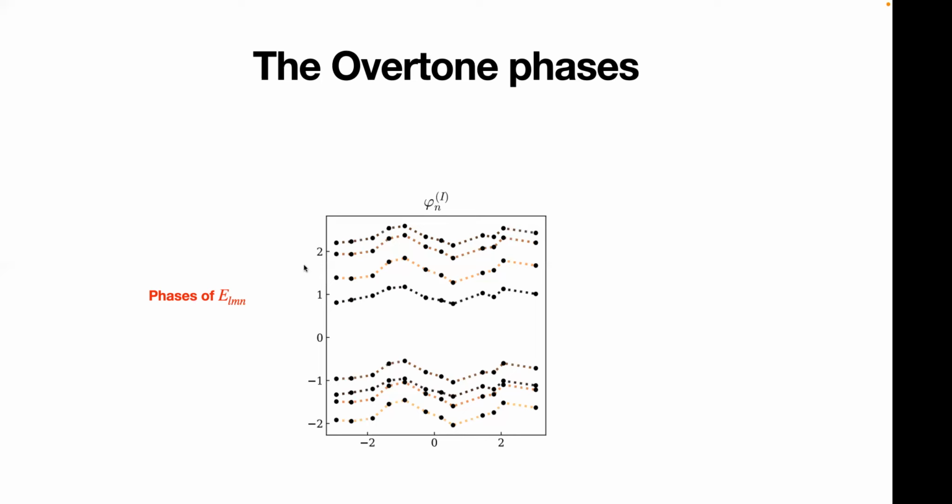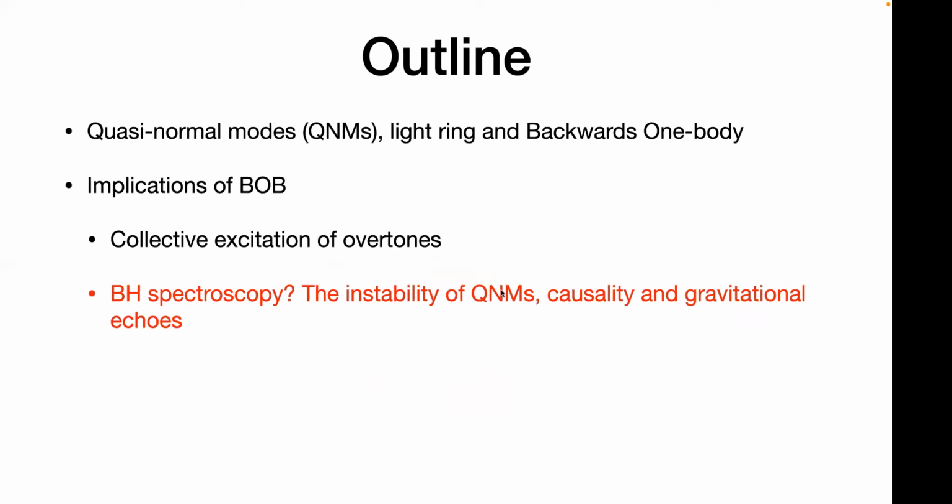Okay, so the final part of the talk is about something broader. Here I want to take a step back and discuss black hole spectroscopy and make connections to the Bob model.